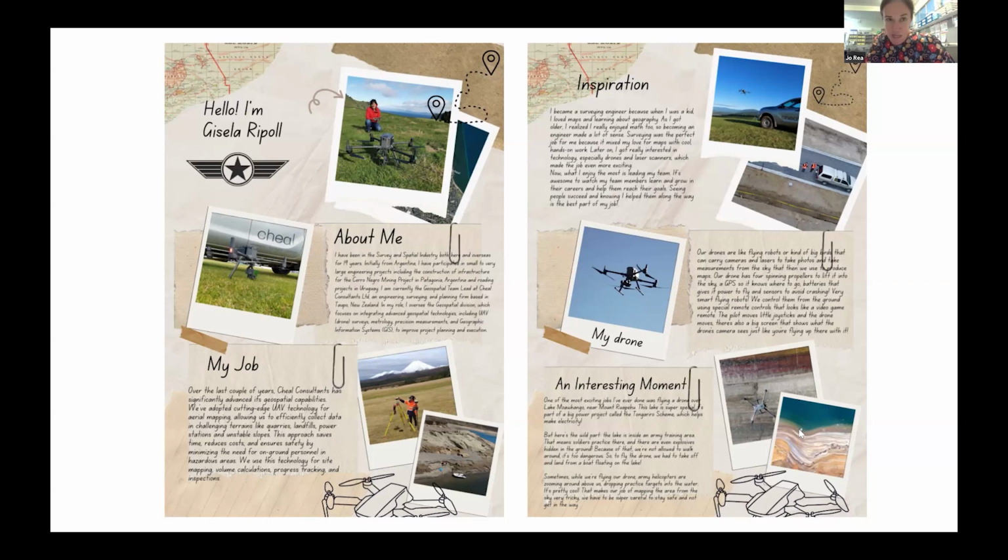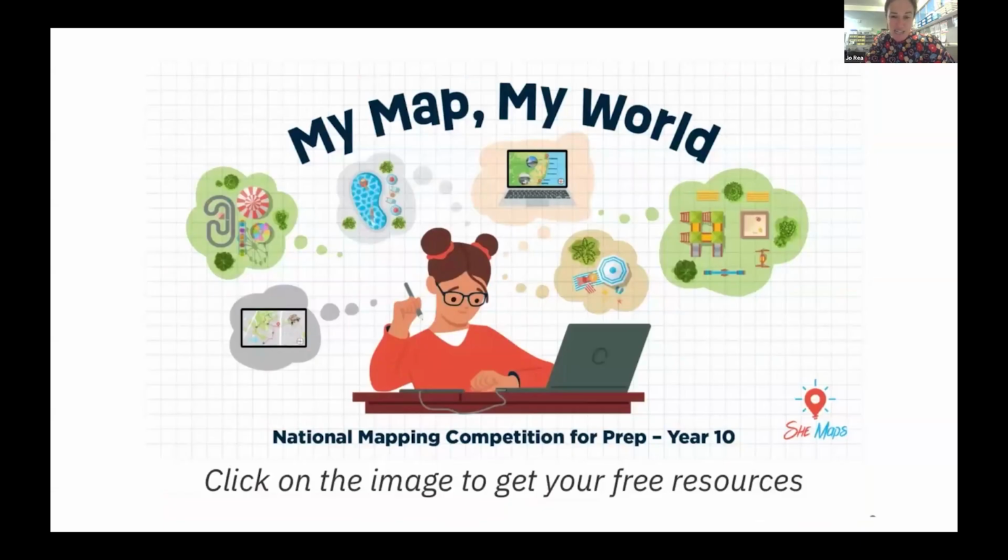So pretty cool. These are going to be available in the TENS resource store. So linking to that, SheMaps has actually got a free resource, My Map, My World. SheMaps have said that I am welcome to share it with New Zealand teachers. It's a free resource, and you can go into your school, you can get aerial footage, you might invite a local drone pilot to get that footage for you in a safe way, obviously following all the laws that Claire talked about.